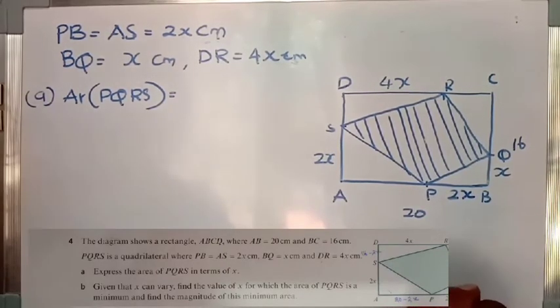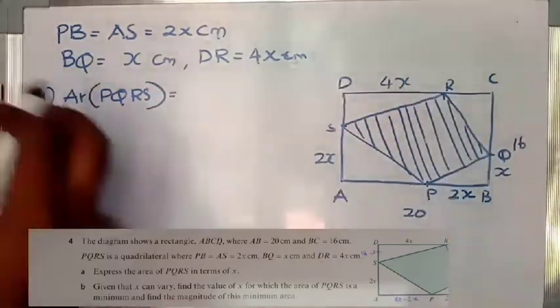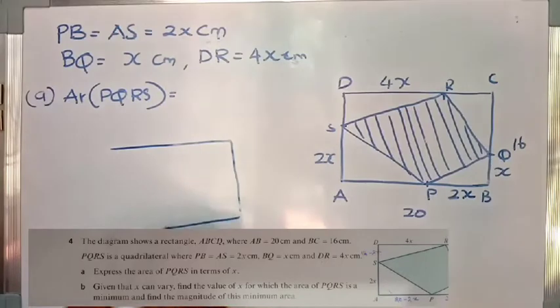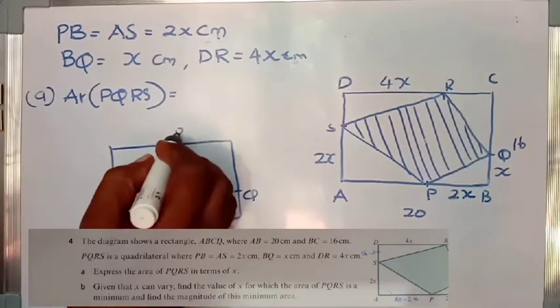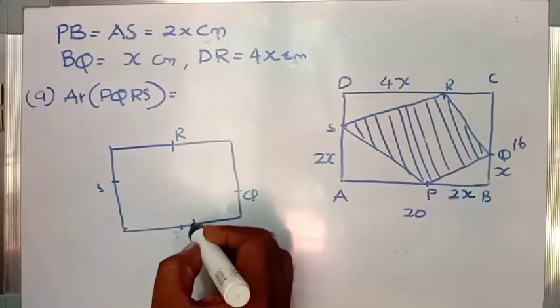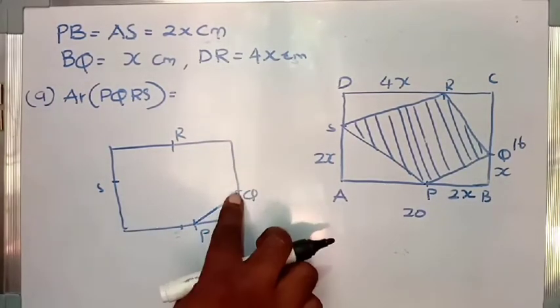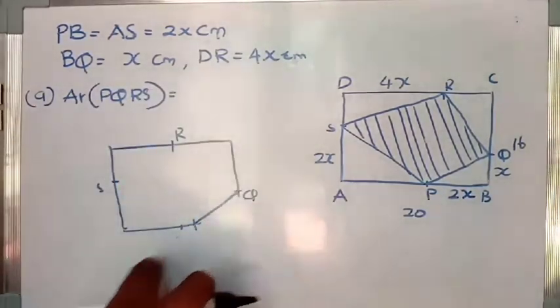So what we are going to do is, from rectangle ABCD, delete this triangle PQ. So from the total rectangle, delete triangle PQ.